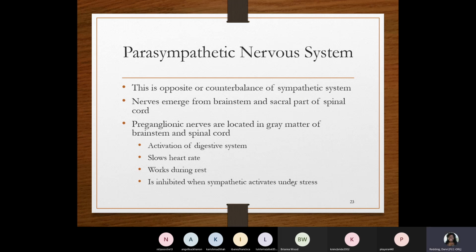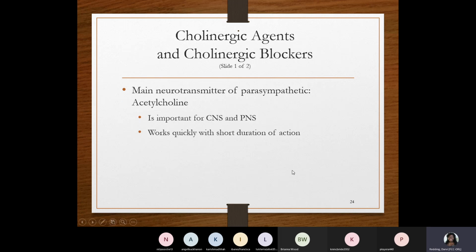So now that we talked about the sympathetic and the parasympathetic nervous system, we'll next learn about cholinergic agents and cholinergic blockers. So the main neurotransmitter of the parasympathetic is the acetylcholine. So we learned the main neurotransmitter of the sympathetic nervous system, which is epinephrine and norepinephrine.